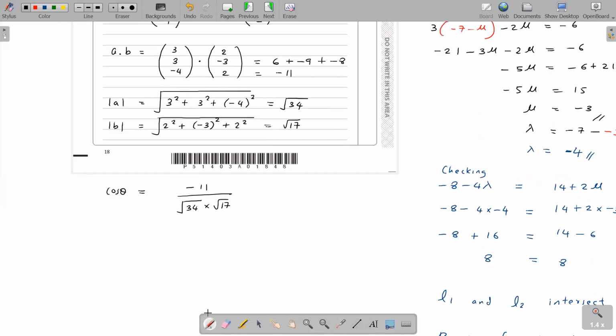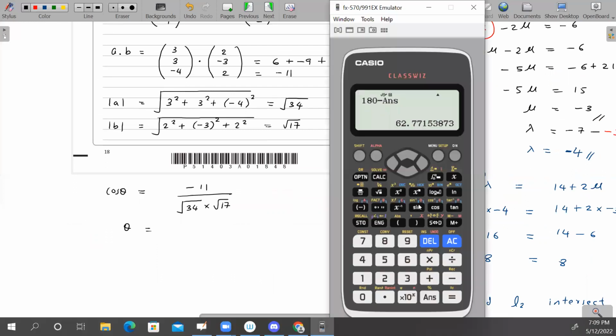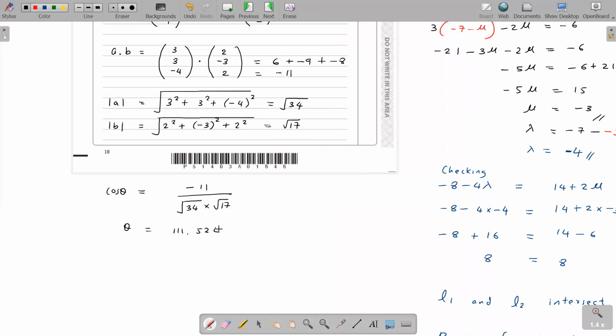So I get here, cos inverse answer was 111.5245. So acute angle, 180 minus 111.5245.